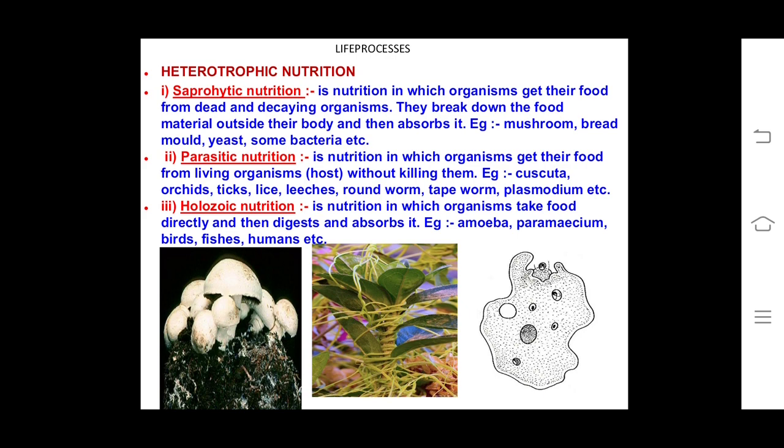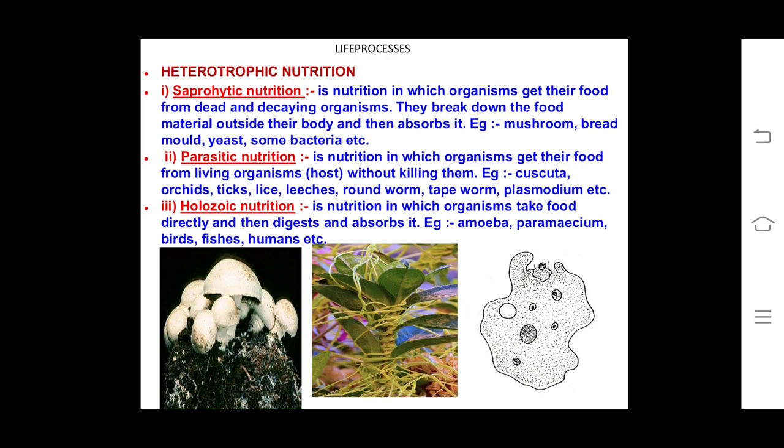Dead and decaying means सड़ता हुआ substances से अपना खाद्य पदार्थ लेते हैं. First they release some enzymes, and then the food is digested and absorbed. For that they have a body like hypha and mycelium, which will absorb.